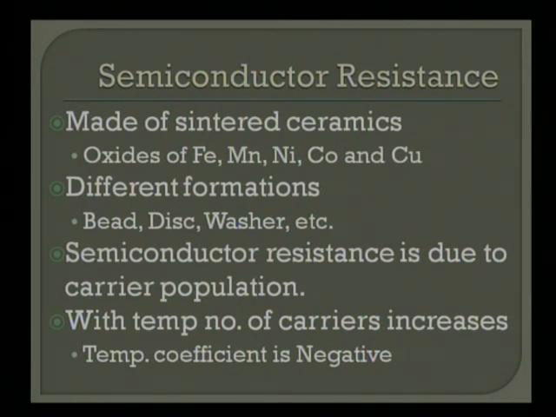Another favorable property of the thermistor is its high sensitivity of measurement: the change in resistance per unit change in temperature is very large. It has a negative temperature coefficient, meaning the resistance decreases with increasing temperature, but the thing I mentioned is the very high sensitivity of measurement.